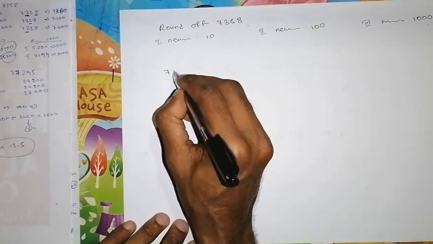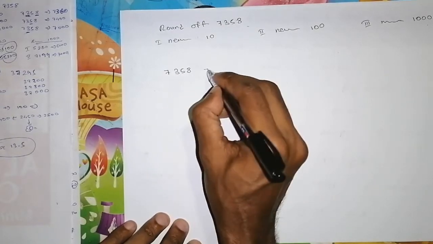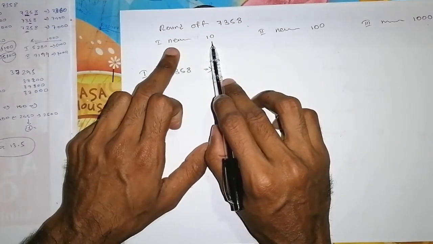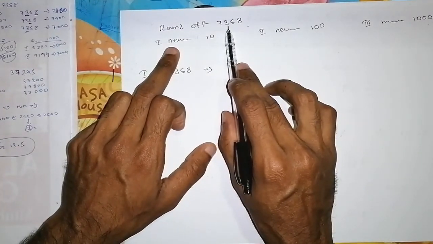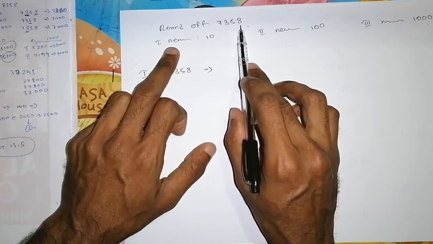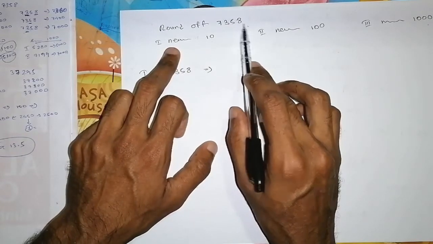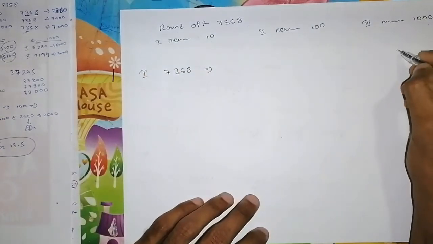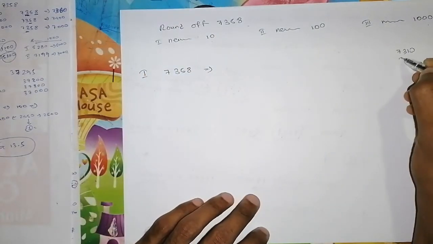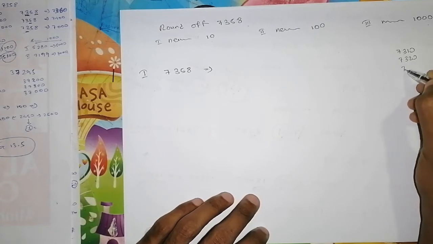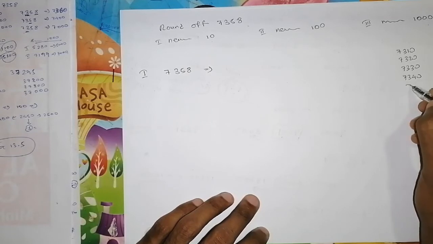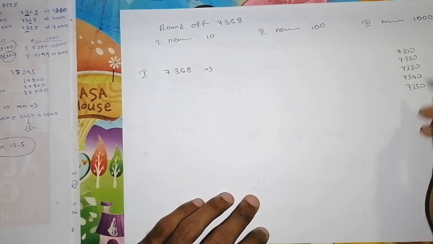7358. First we round off to the nearest 10. The tens are 7310, 7320, 7330, 7340, 7350, 7360.